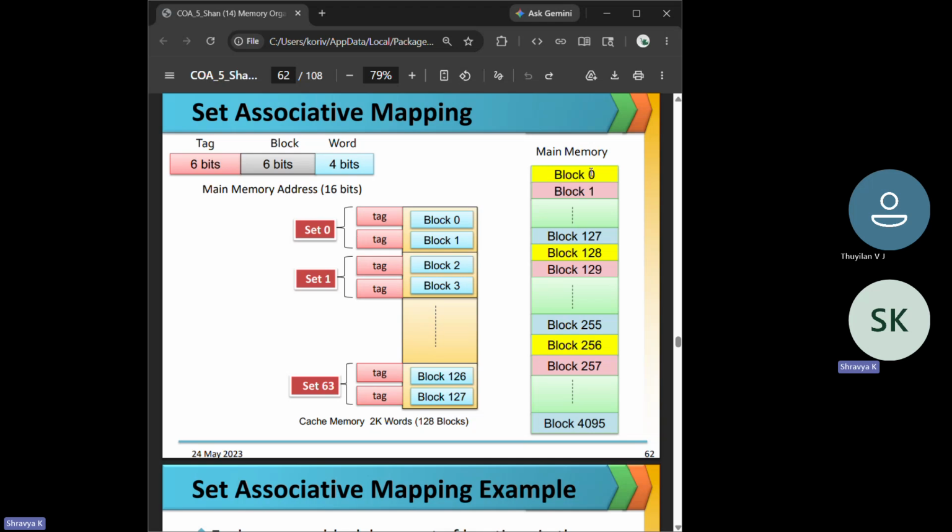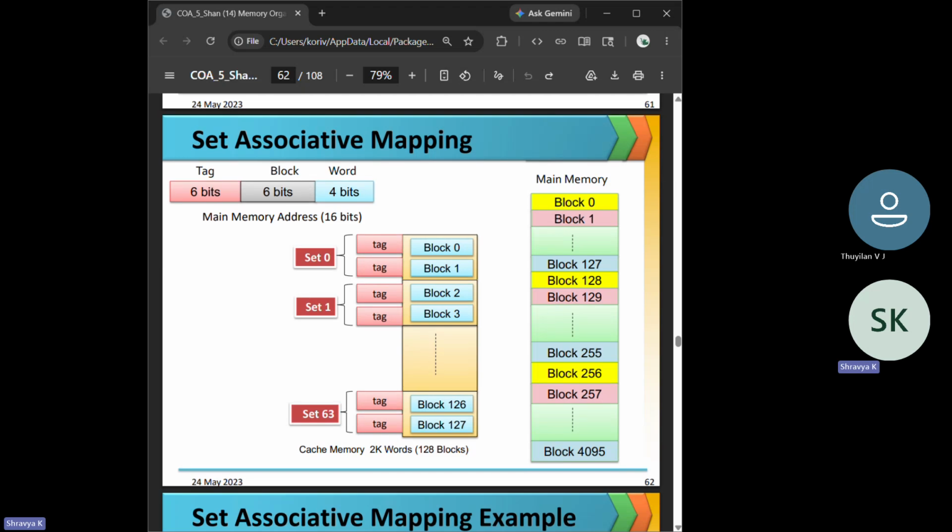Like if I were to place block 0 over here and block 1 over here, I could rearrange them internally within the set, and that wouldn't matter. That can be done. But I can never put block 0 in another set other than set 1, for example, right? I cannot put it in block 3. So it is directly mapped to the sets, but internally within the sets, it has associative mapping, right? So that is set associative mapping.